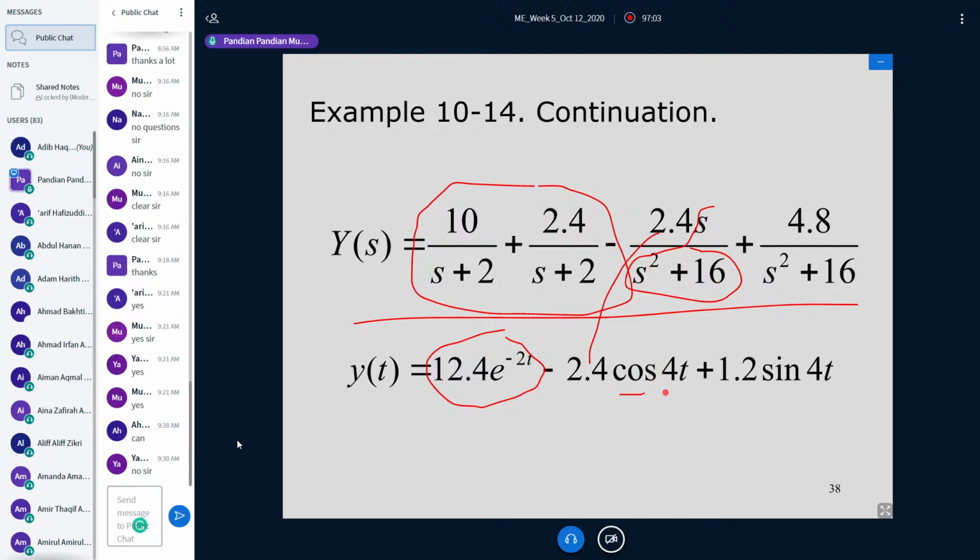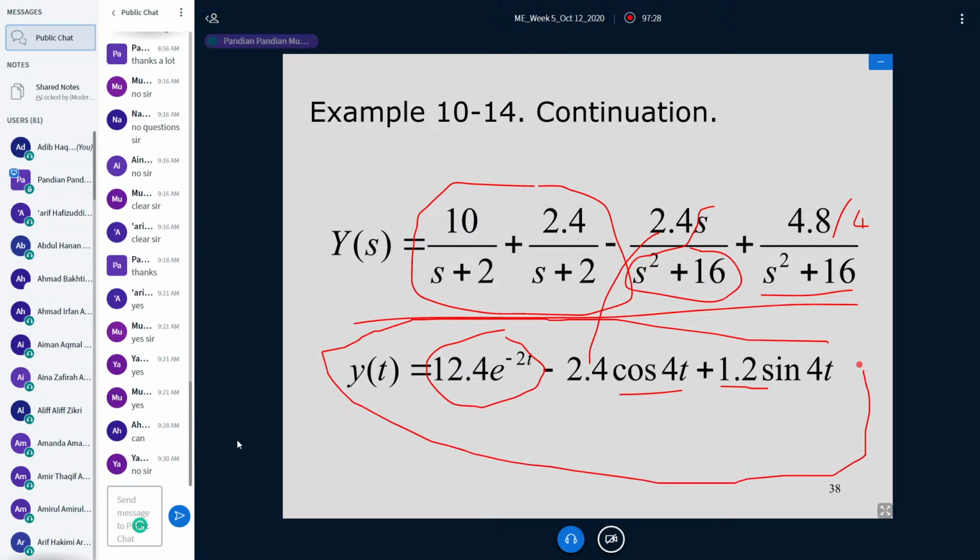Therefore cos 4t. For this one, over s squared plus 16, you must have 4 here, but there is no 4 here. Because k is 4, sin 4t, so you divide 4.8 by 4. So you get 1.2. You see, they are already done. So this is your final answer.